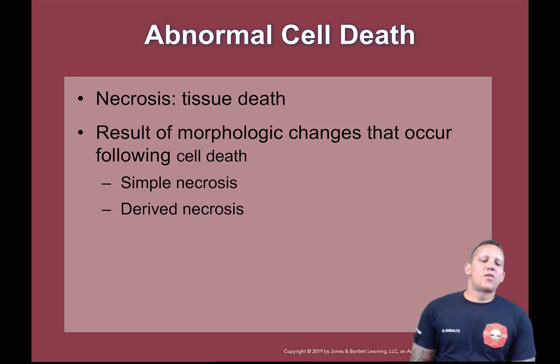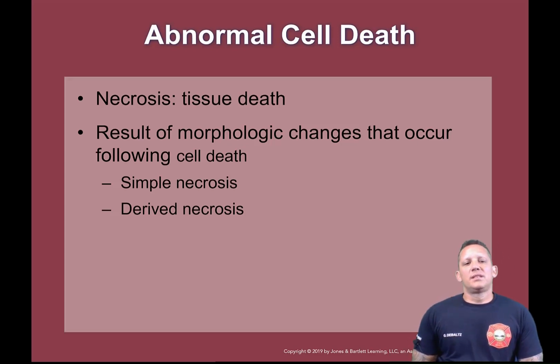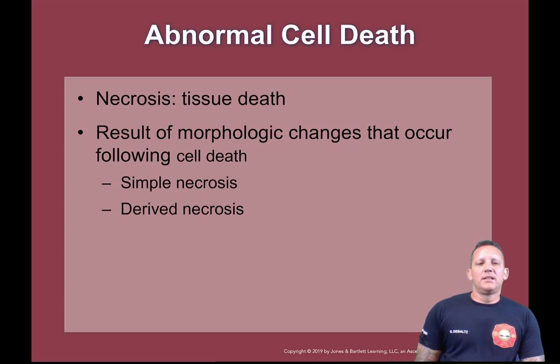You can have dry gangrene, which is a different type of necrosis. This is when we lose the ability to perfuse tissue. This often happens in the fingers and toes, or distal areas that rely heavily on capillary action. As those lose their ability to receive nutrition and oxygen and offload waste products, those cells die and they become necrotic.